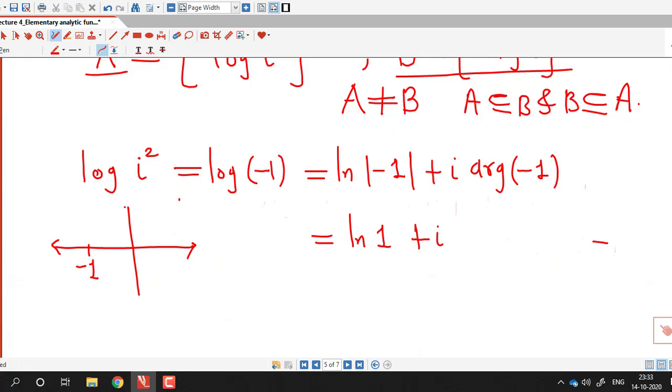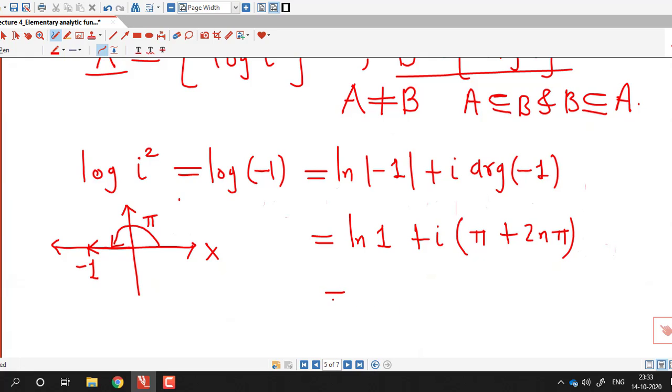Minus 1 is somewhere on the negative x-axis, so the angle made by this vector representing minus 1 with the positive x-axis is nothing but pi. So here we have to write pi plus 2n pi to include all possible values.